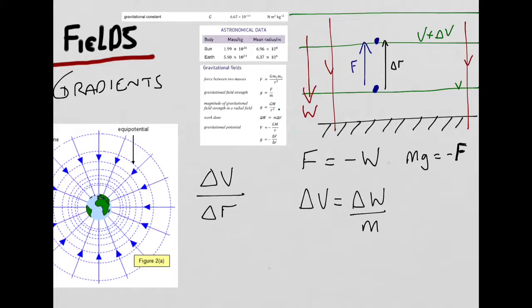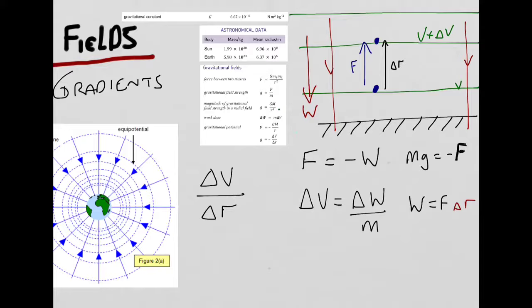This is the work done. So doing work is going to require me to move a force for a distance, because we know that work done is equal to force times distance. In this case, the distance I'm moving we've called delta R, so that would be force times distance.